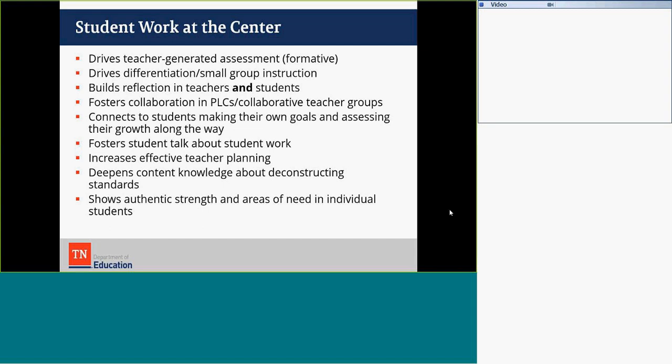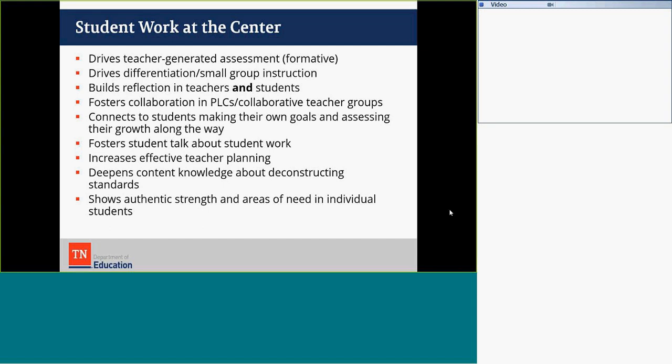Teacher-generated formative assessments become almost a way of doing things, where teachers are very mindful of how they're measuring their instructional lessons, or how they are continuously encouraging students to also self-monitor and to set goals.